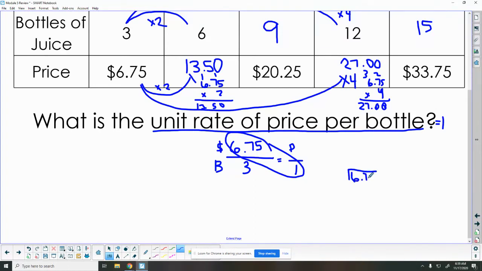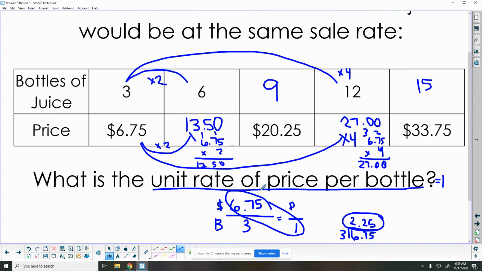So 675 divided by 3 goes in there 2 times. And again, that goes in there 2 times, which is 6. And it goes in there 5 times. So each bottle costs $2.25. 2 times 3 is 6, so that sounds right. 2 times 6 is 12, but it's got the change on it, so that sounds right.